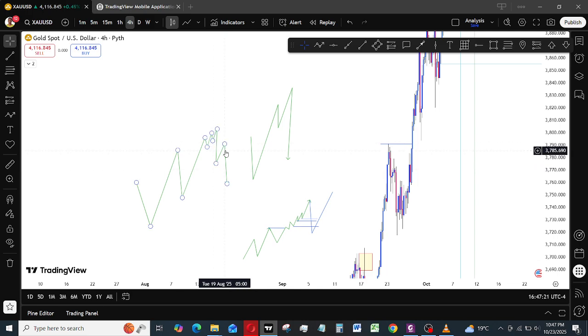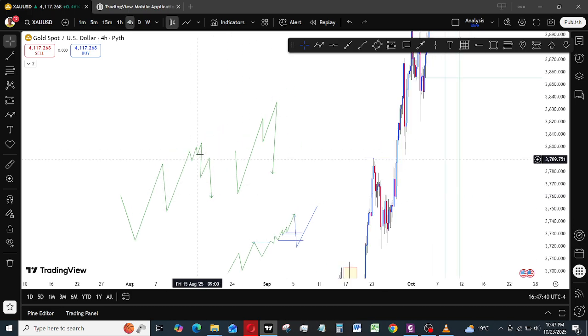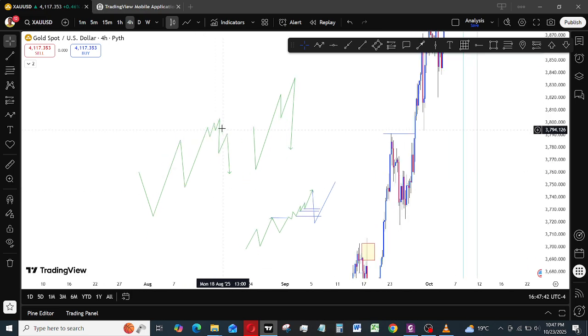It has to first break this area, and then it also gives me the change of character in the opposite direction. That's what I call a change of character. For this, I'll confirm that the market is finally moving in the opposite direction.